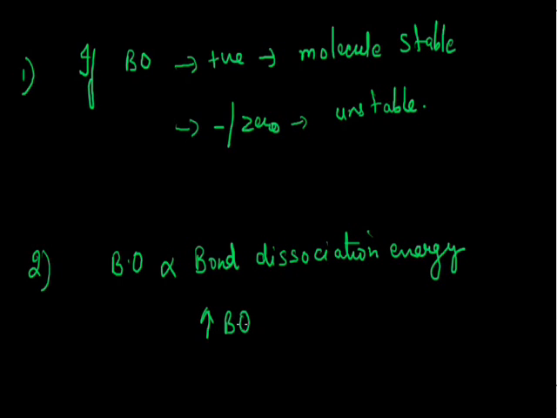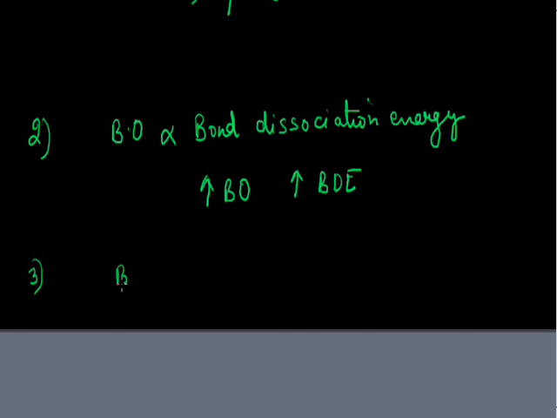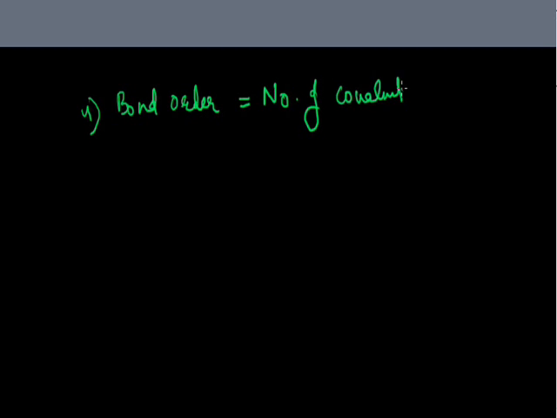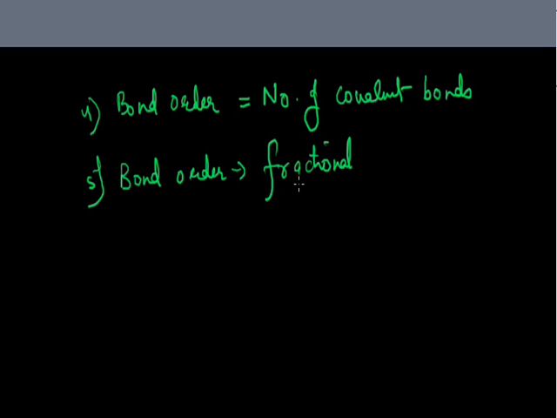Higher the bond order, higher is the bond dissociation energy. Bond order is inversely proportional to the bond length. Bond order also gives the information about the number of covalent bonds present in a molecule. If bond order is fractional, then it shows the paramagnetic nature of the molecule.